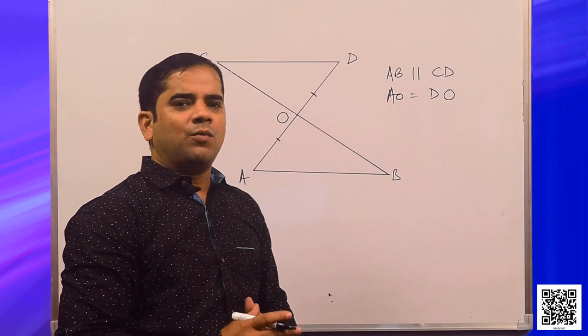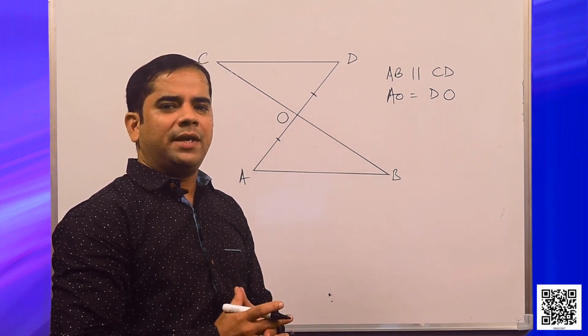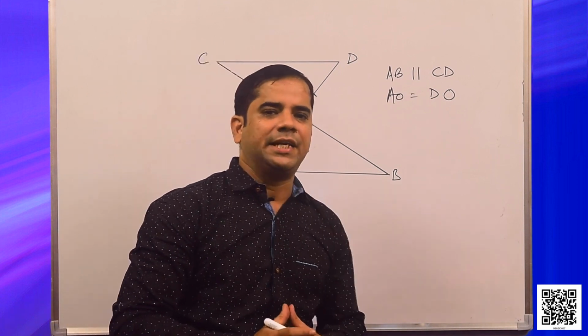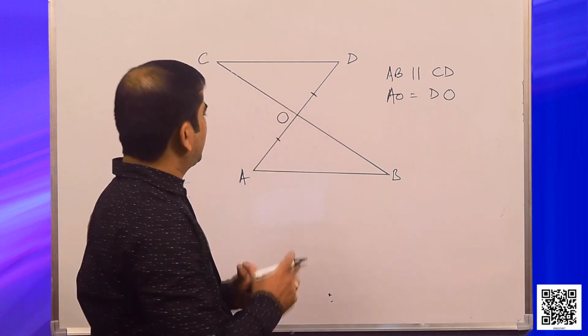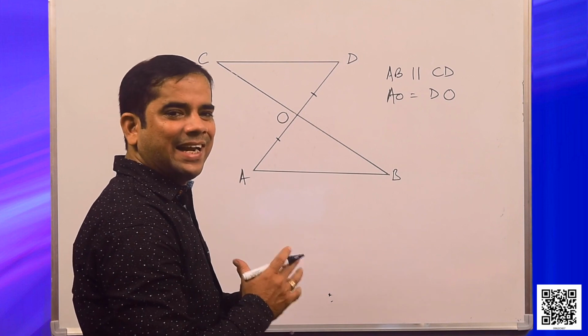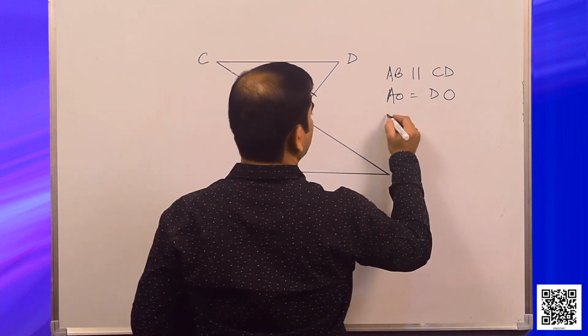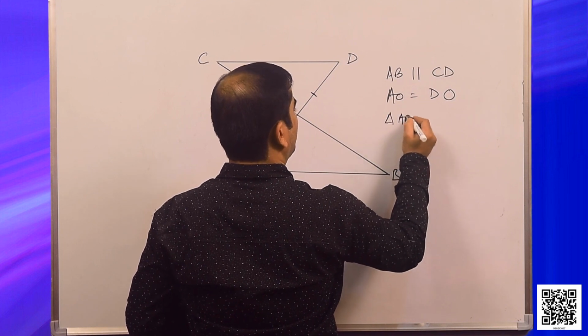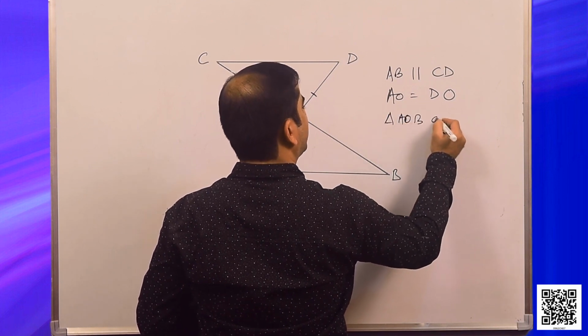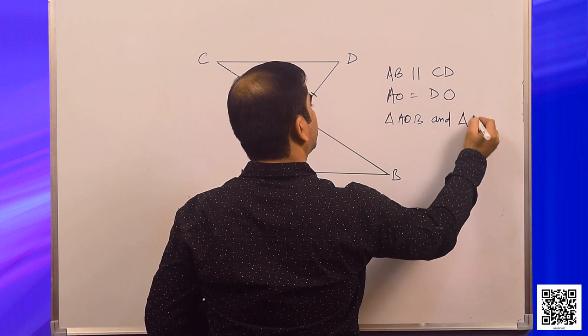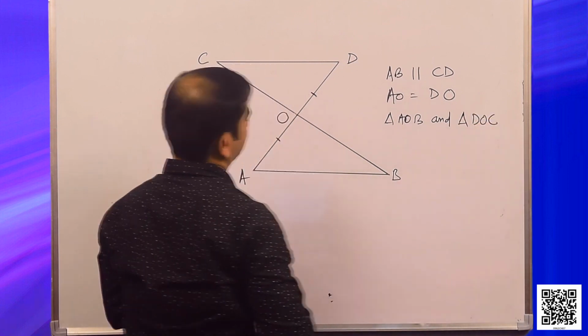Now, we need to prove triangle AOB is congruent to triangle DOC. So, let us consider triangle AOB and triangle DOC.